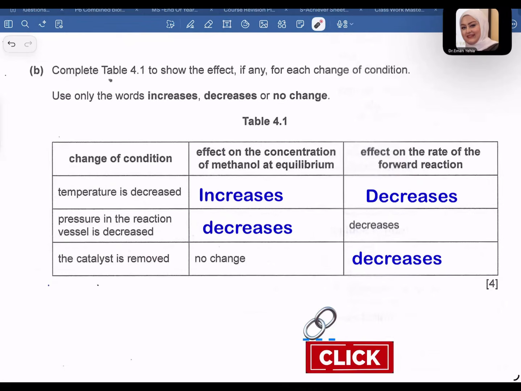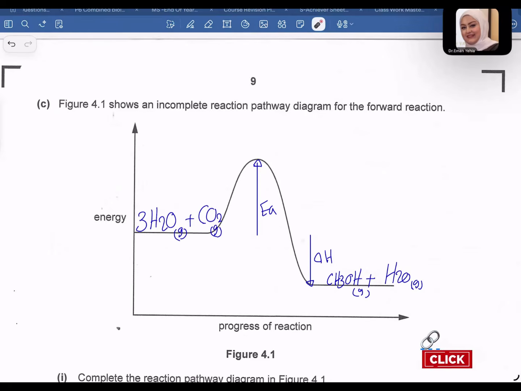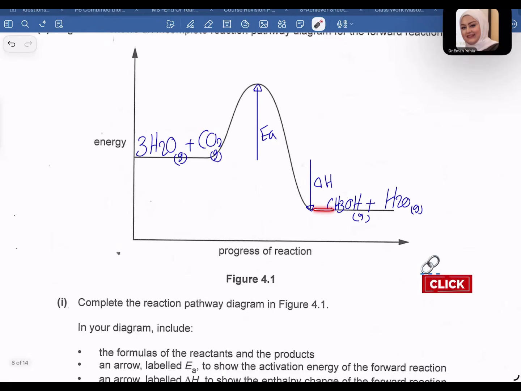Next question. This is the diagram for an exothermic reaction. Just put the reactant on the left side. So copy and paste the reactant, 3H2 plus carbon dioxide, with state symbols. On the lower hand here, CH3OH plus H2O. This is copied from the equation, by the way.